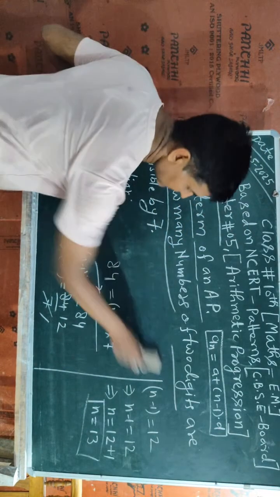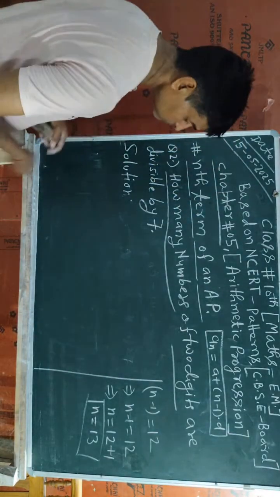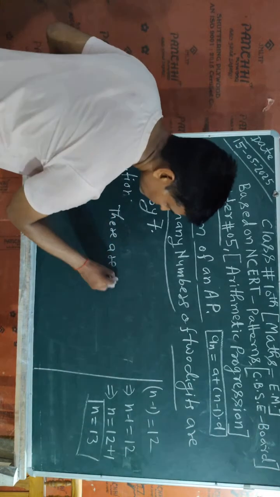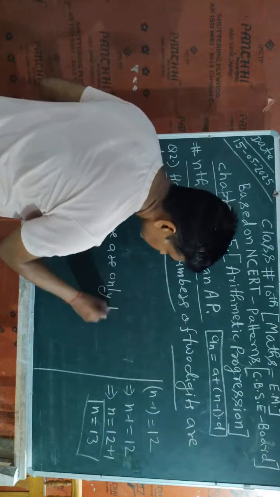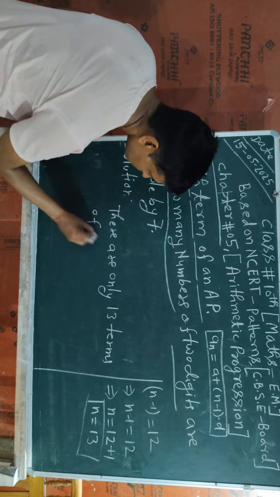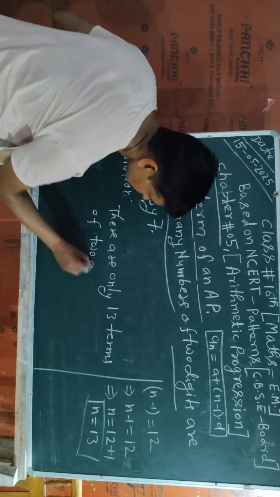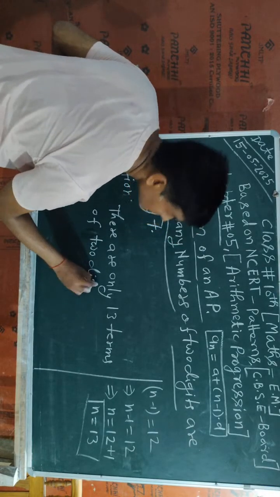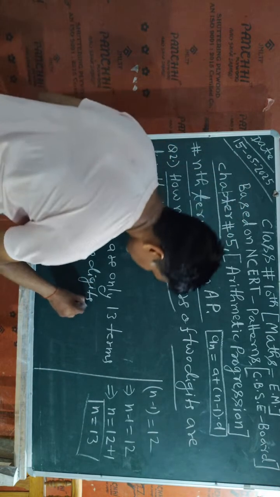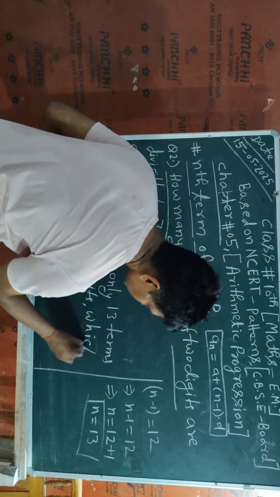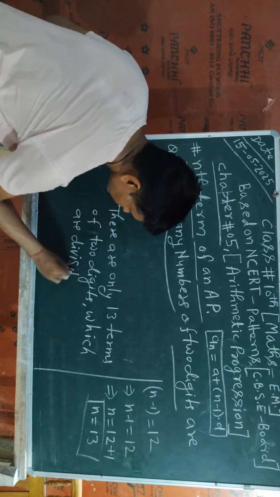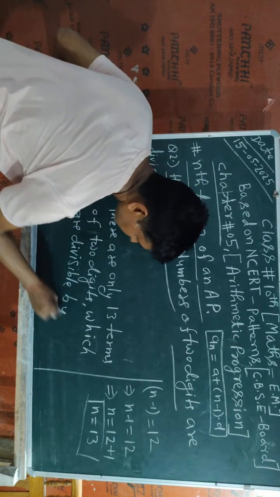So I write here: there are only 13 terms of 2 digits which are divisible by 7.